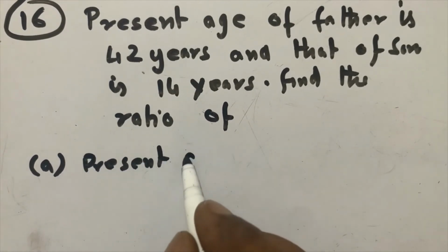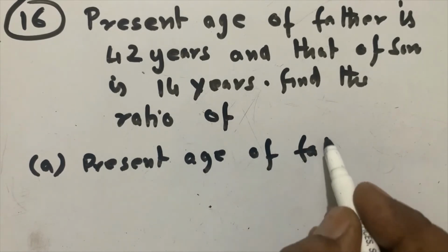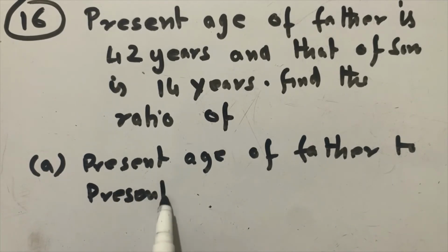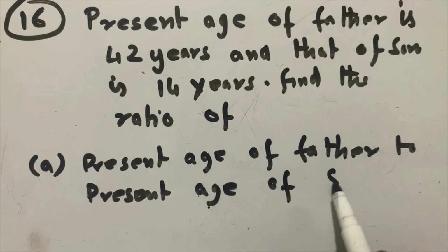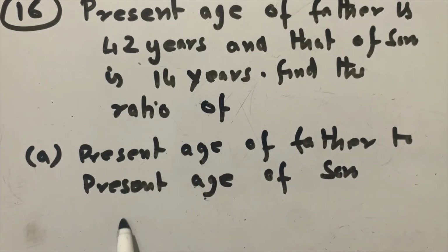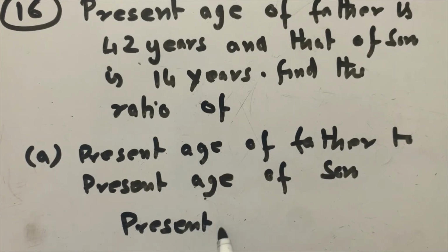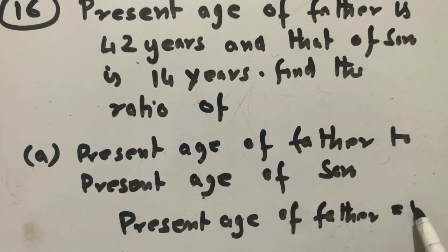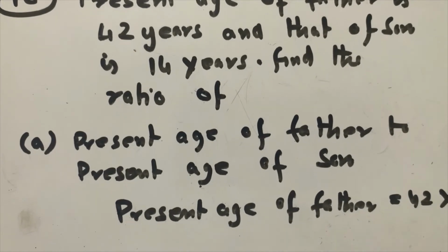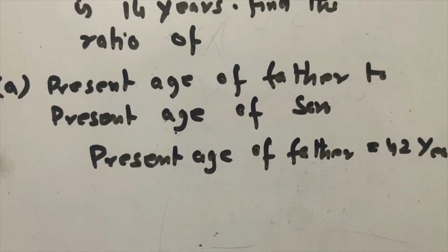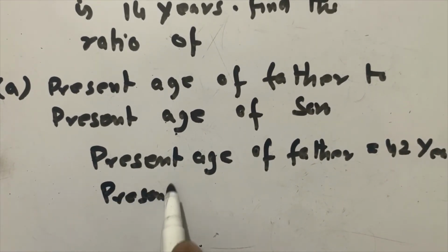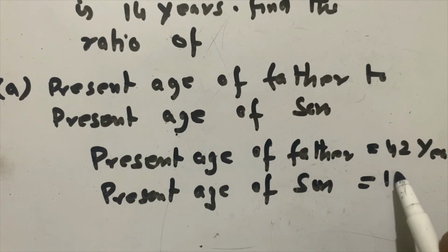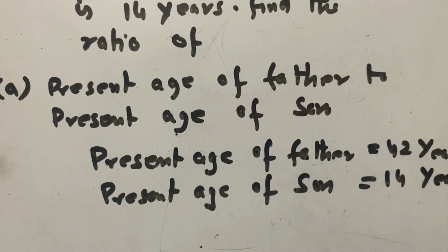Now it is given: present age of father is 42 years, and present age of son is equal to 14 years.